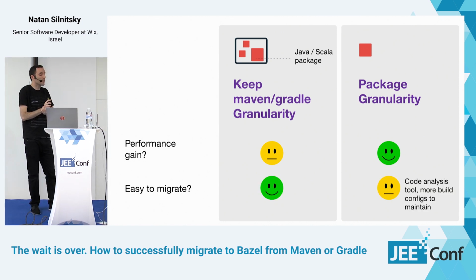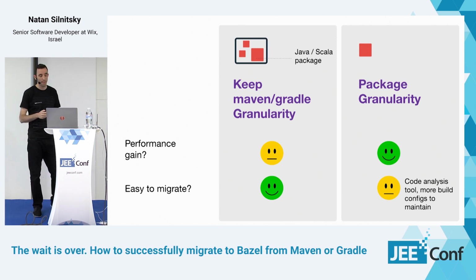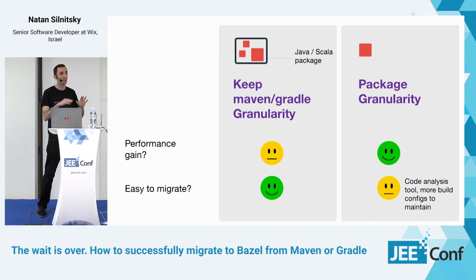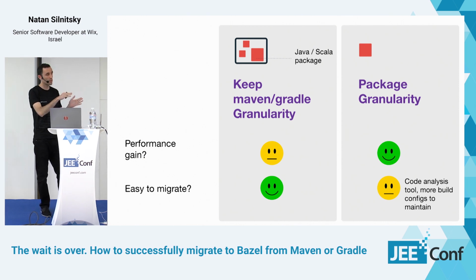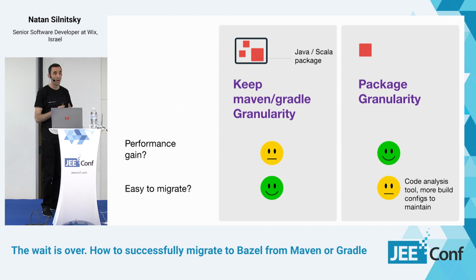But what about the ease of migration? Well, if you choose your old granularity, then it's pretty straightforward. You have all the information you need encoded in your Maven and Gradle configuration files. So you just need to do a straightforward translation to Bazel configuration, and you're done, other than the code changes you need to make.